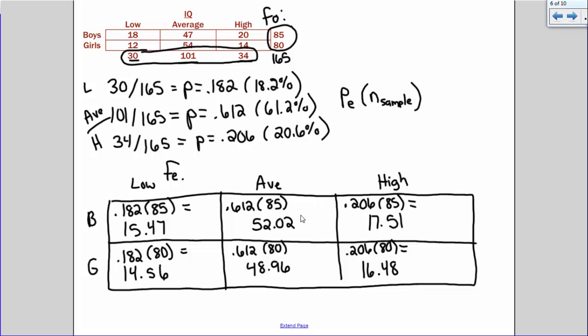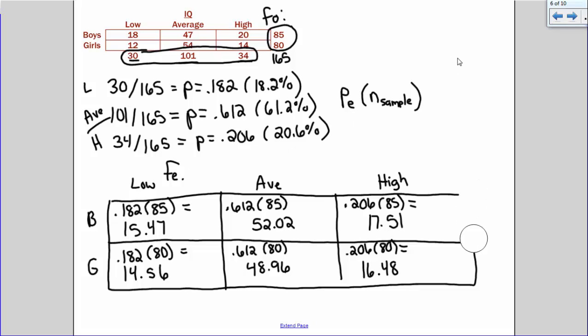Based on equality across the different IQ groups. But we should still be able to add these up and have the same number of boys under our expected frequencies and add these and have the same number of girls. We should also be adding these and have the same number of low IQs, adding these have the same number of average, and adding these and having the same number of high IQs under our expected frequencies.